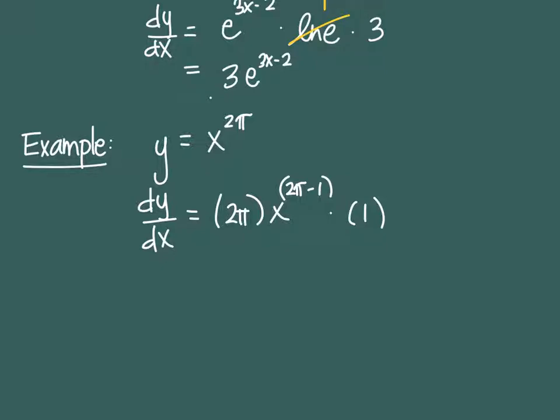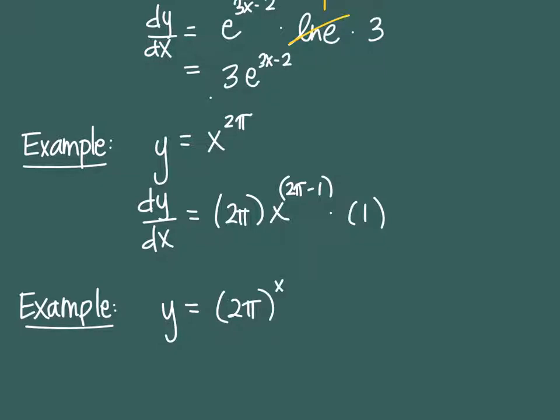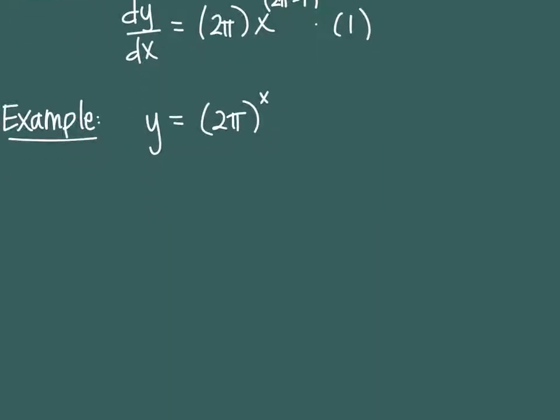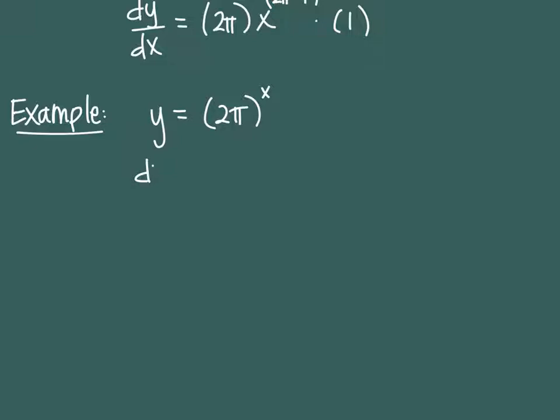Now if you flip that around, you would apply the exponential rule instead. So if you had y equals 2 pi to the x, now it's an exponential. And so the derivative for that, dy dx, would be the function itself times the natural log of the base value of 2 pi and the chain rule of 1.